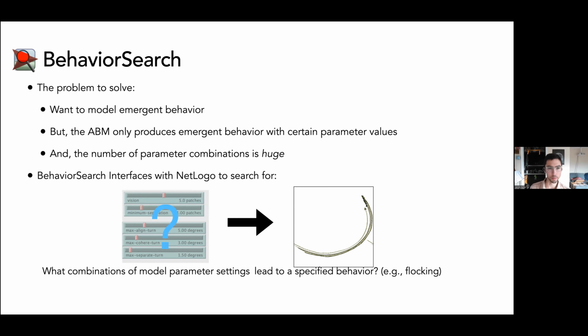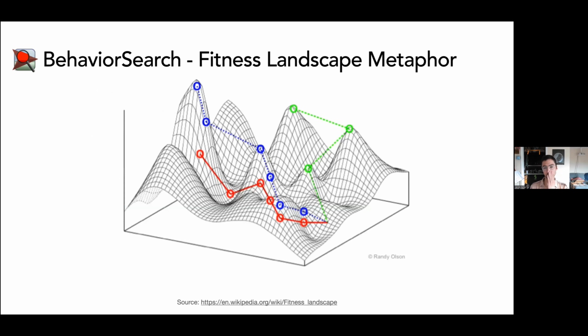And I'm going to show a different example. One analogy people often use, or a way to think about what's going on, is that you can think of a fitness landscape that you're searching across. In this case, the y-axis represents a measure of whatever the target behavior is. If it's higher, that means the outcome of that model run was high in whatever emergent behavior you're looking for, and if it's low, then it didn't really have that emergent behavior.